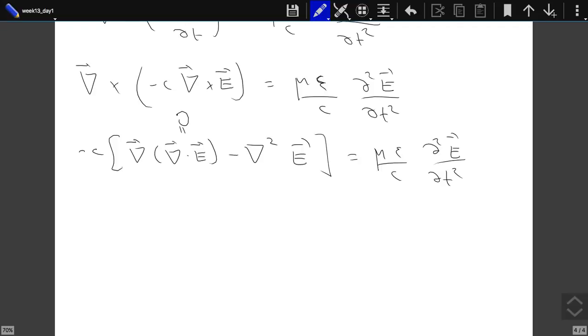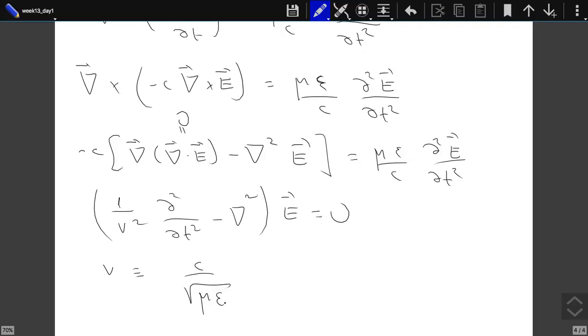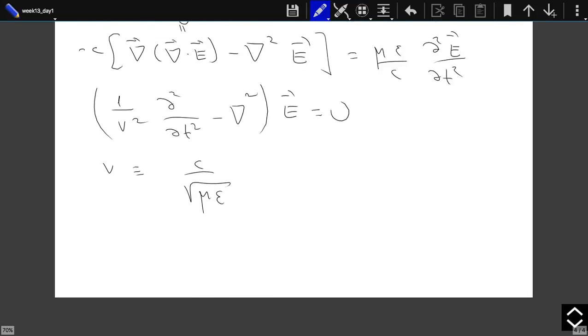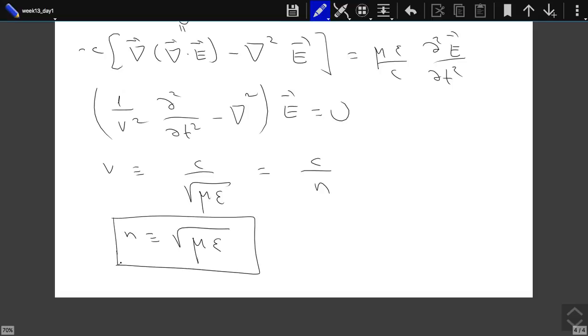Divergence of E is 0, and we are left with 1 over v squared, del squared by del t squared minus the Laplacian acting on E. This is equal to 0, where v is just c over square root of mu epsilon. Well, this is quite often defined as c over n, n being square root of mu epsilon. So this is the refractive index of a medium.